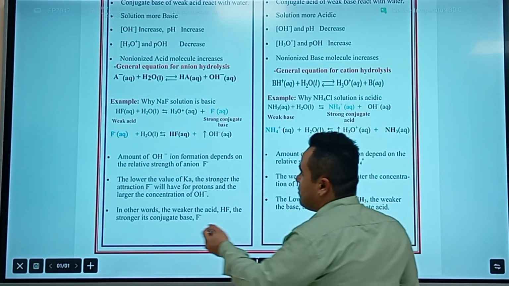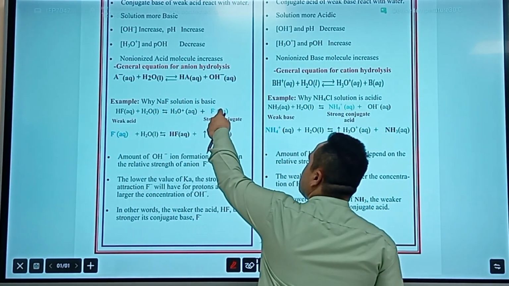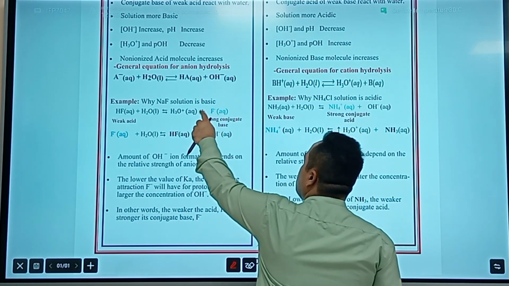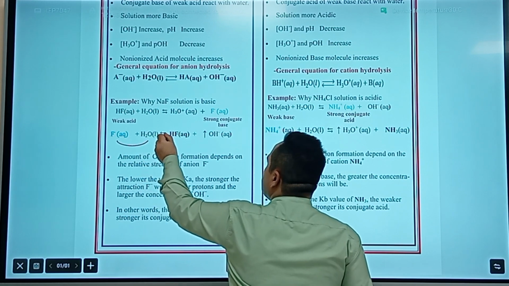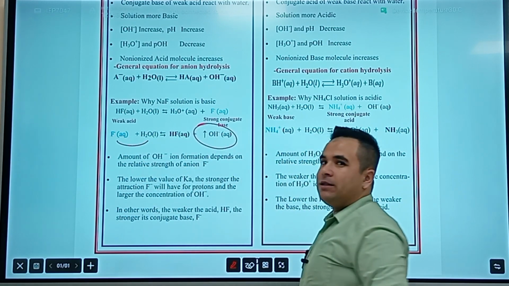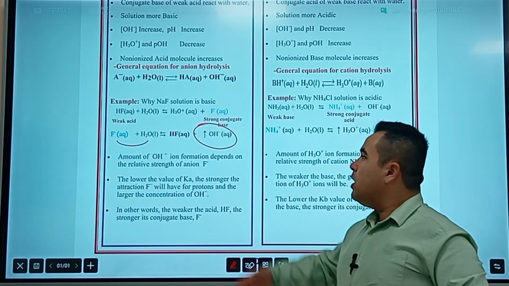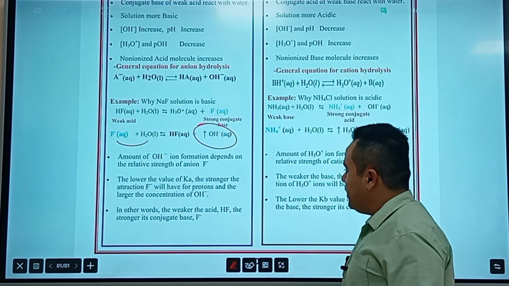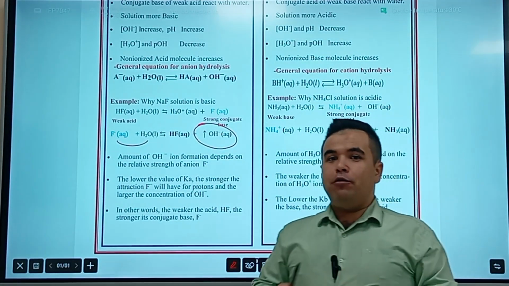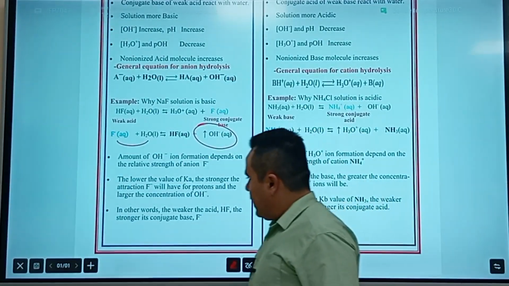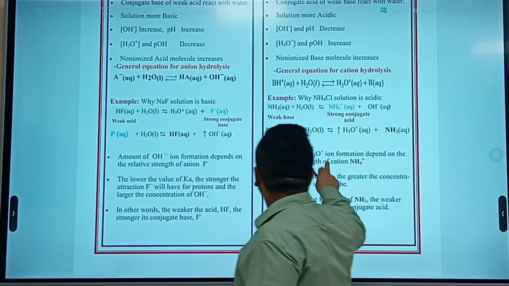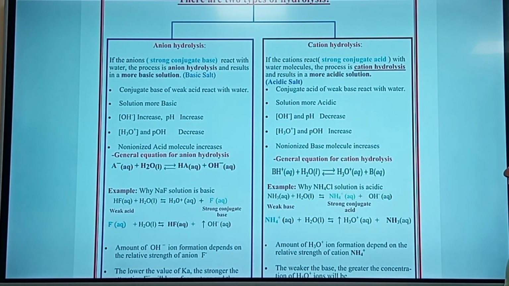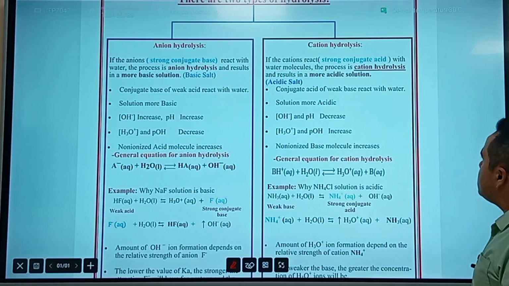As the acid becomes weaker, it will produce stronger conjugate bases. As it becomes stronger, it will hydrolyze more with water, attracting more protons from water to produce hydroxide and increase the alkalinity of the medium. We'll be talking about the properties of anion hydrolysis later. Let us talk about cation hydrolysis as well, and then we'll summarize those hydrolyses.